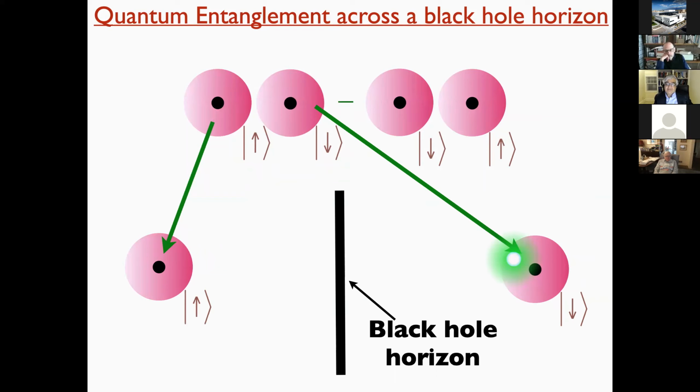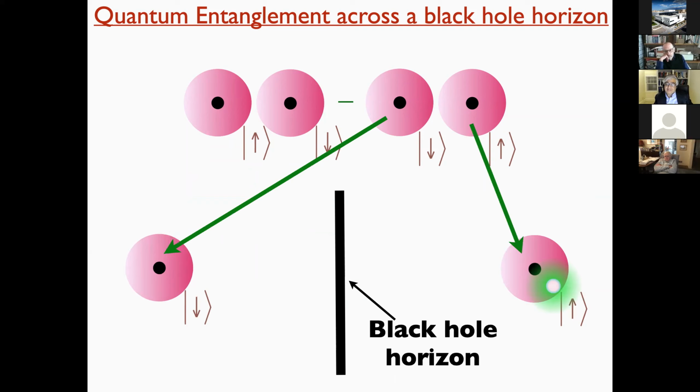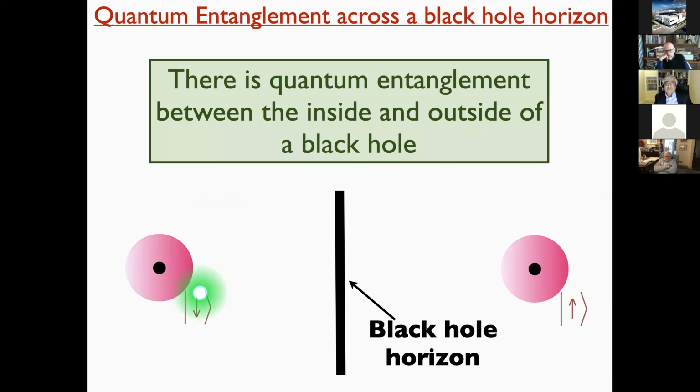So it is indeed true that if you are safely outside the black hole and you measure your part of the EPR pair, the other one will collapse inside. But you'd never know, of course. But there is still a correlation, because whoever has the bit inside can't ever communicate to you, classically anyway. Okay, so there's quantum entanglement between the inside and the outside of the black hole.